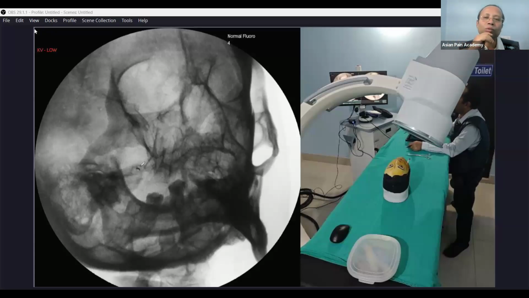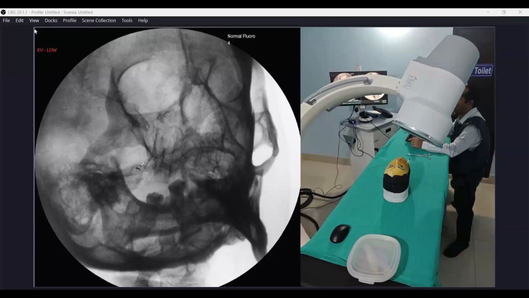But when we have put the needle in the correct place and stimulation is done, and I have seen that the needle is in the correct place, then as the patient cannot tolerate the RF, I will give some local anesthetic and then do the lesioning. Then I will only change the direction to make the lesion bigger. But if you come out and put the needle there again, there is very less chance that you will be able to do sensory stimulation again, because the local anesthetic will spread.